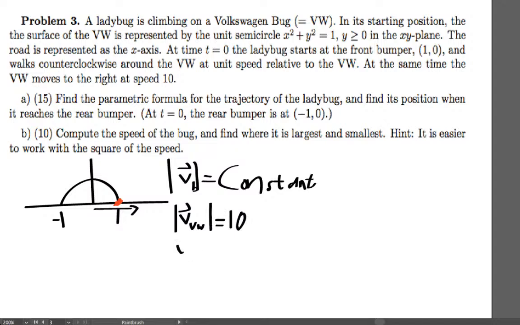The second thing is that it is moving 10 only to the right, so all of the speed is going to the right. So the vector is 10i. Good. By the way, this is not a physics problem, this is a maths problem. So we want to figure this out.